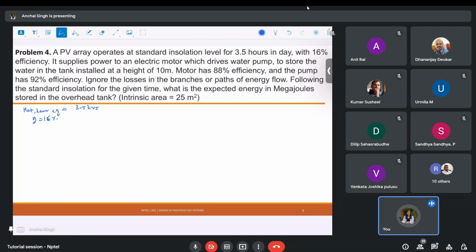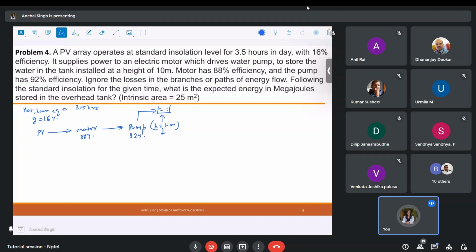It supplies power to an electric motor which drives a pump to store water in a tank installed at a height of 10 meters. This pump will store the water in a tank placed at a height of 10 meters from the ground. The motor has 88% efficiency and the pump has 92% efficiency. Ignore the losses in the branches or paths of energy flow.